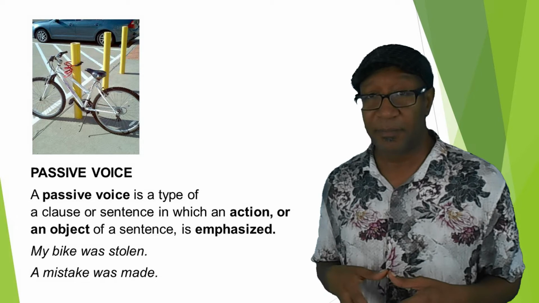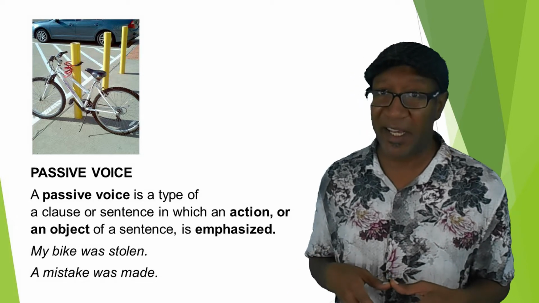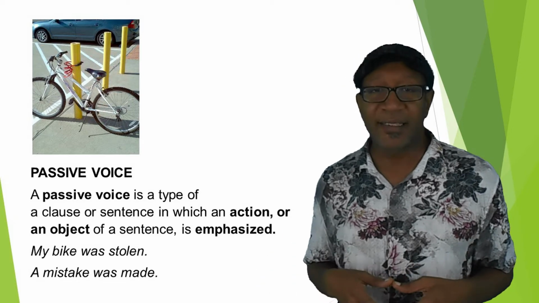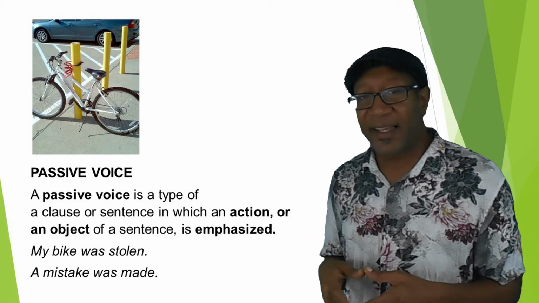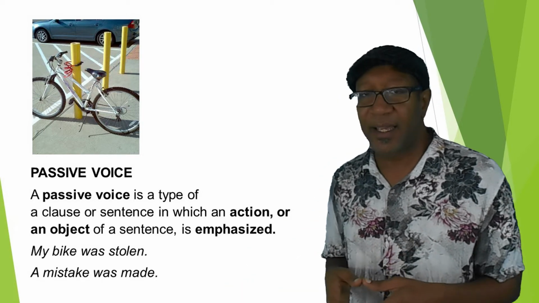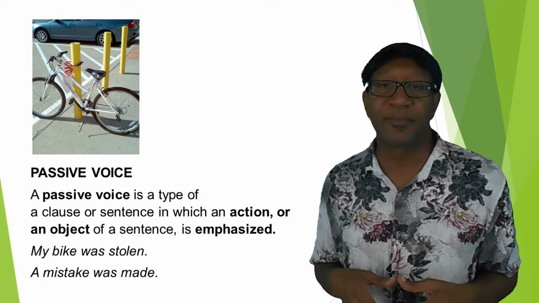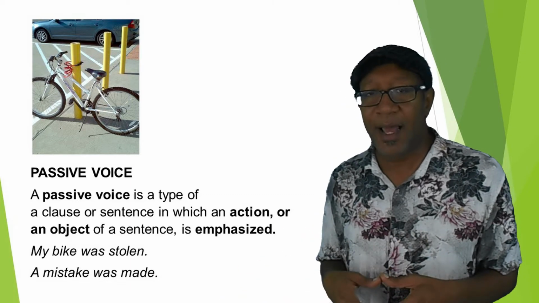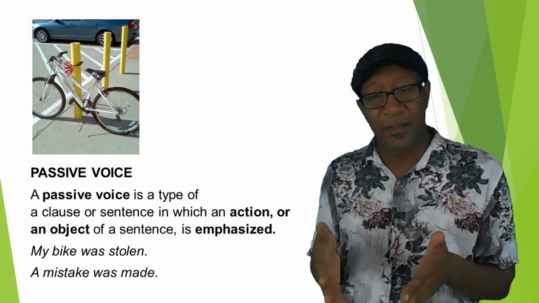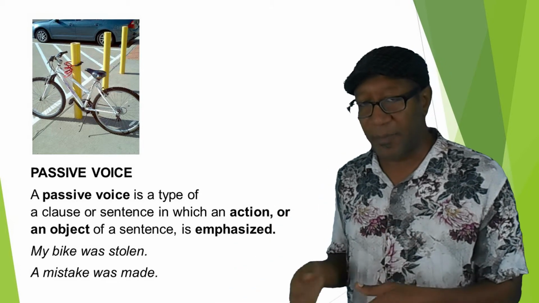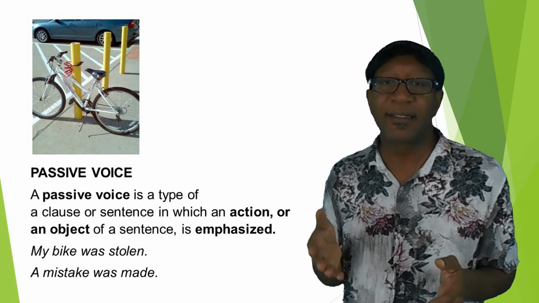It was put maybe in a wrong way to not be robbed. So I can say, my bike was stolen. A mistake was made. When I say a bike was stolen, I am emphasizing the bike. When I say a mistake was made, I emphasize the mistake.